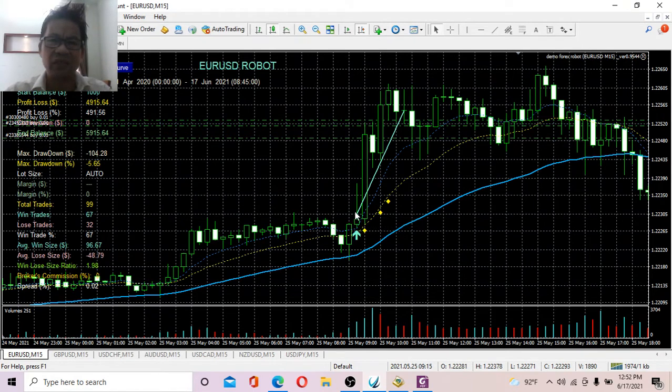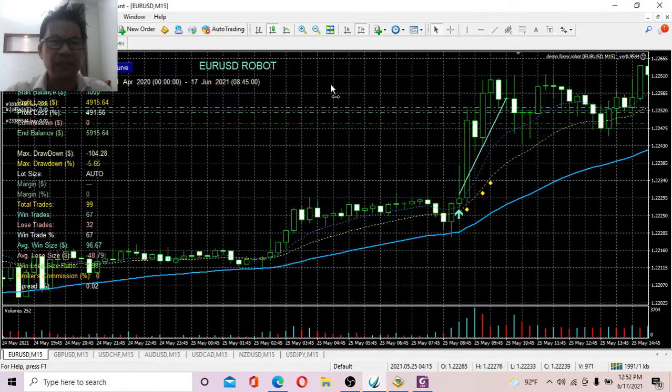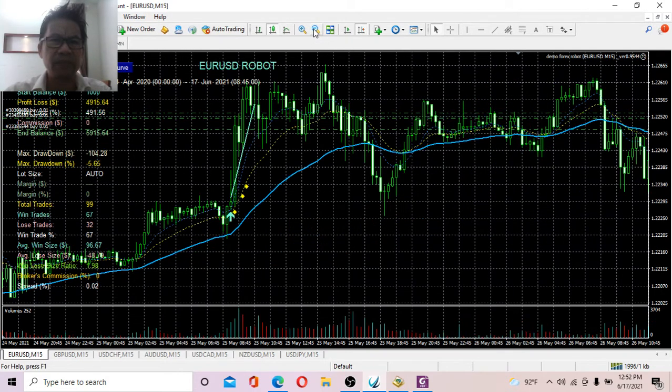The line connects the entry price and exit price, and when I hover the mouse over it, I can see the trade loss, and also max drawdown. All right, that's all about the backtest tool on charts.